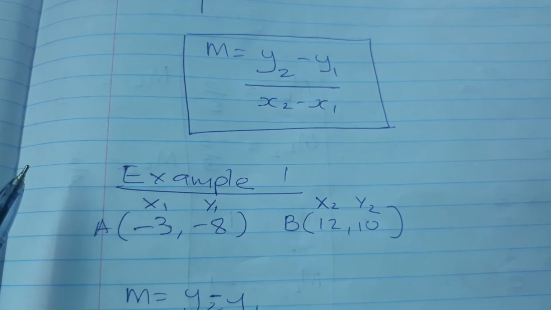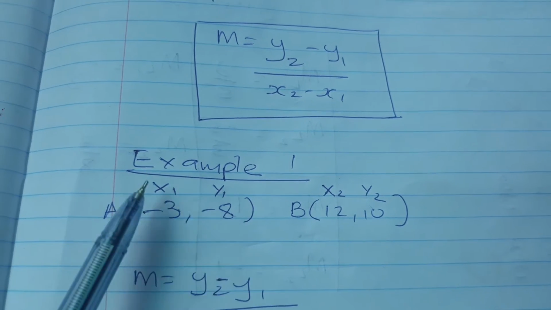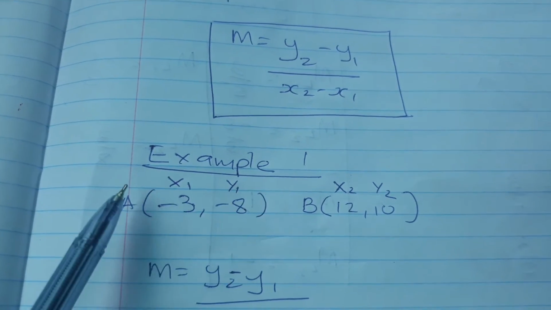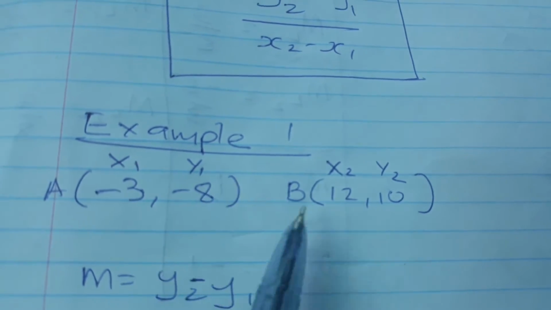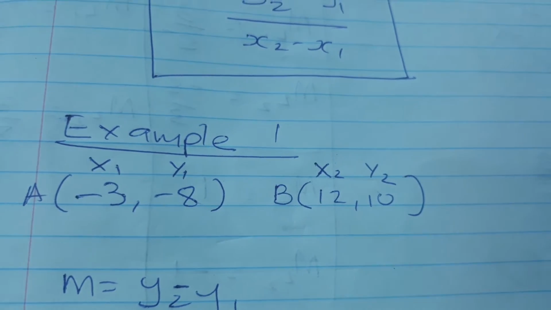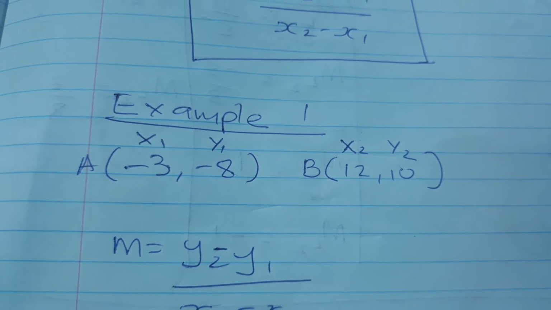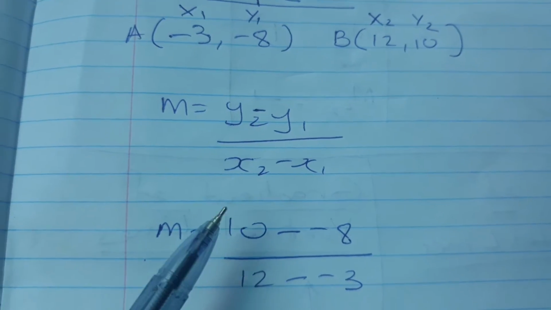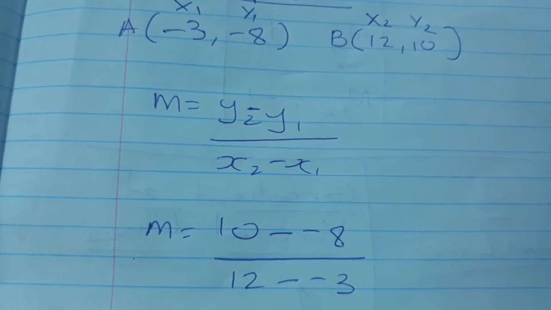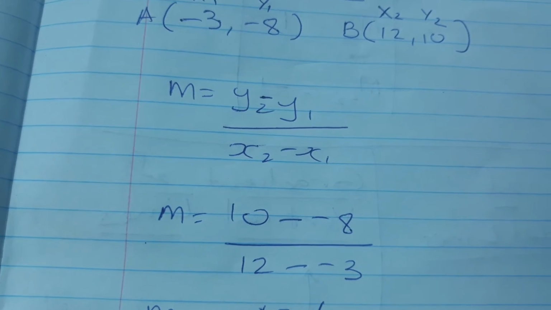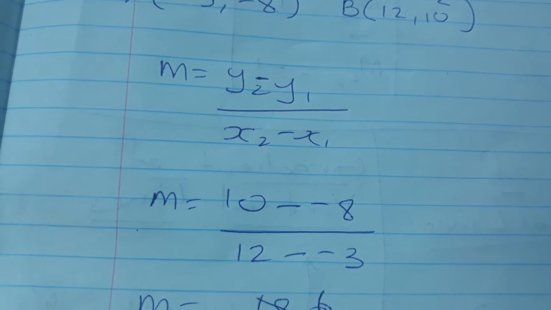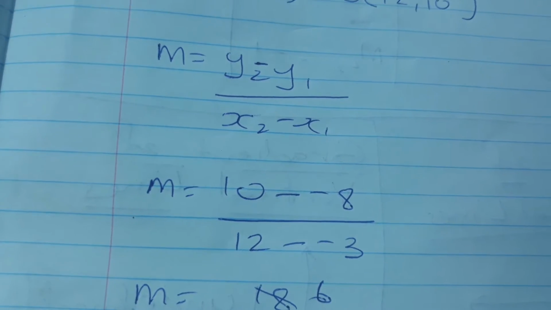First thing, every time that you do, you are going to label your coordinates. The first set of coordinates will be labeled as x1, y1, and the second set of coordinates will be labeled as x2, y2. Okay, so once we put that in the formula, make sure you're not pressing everything at once in the calculator. You will do your numerator, write the answer for the numerator, divided by then the denominator.